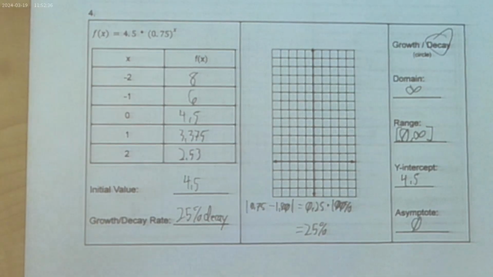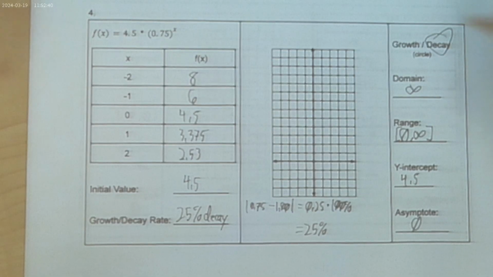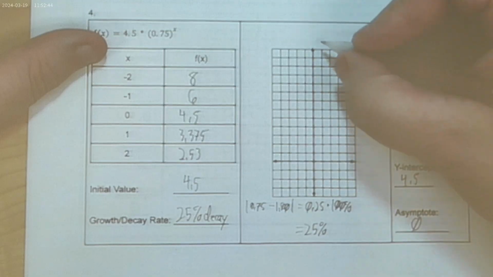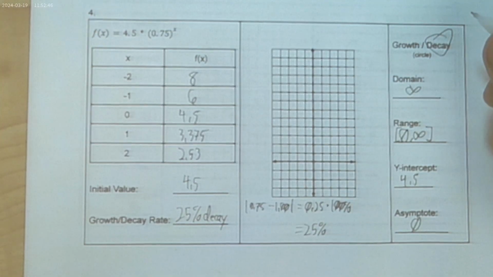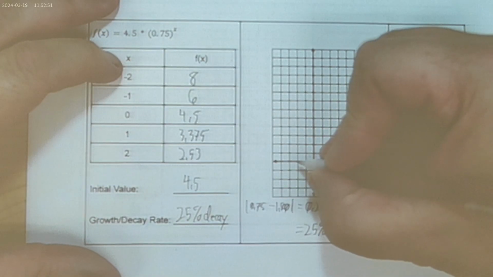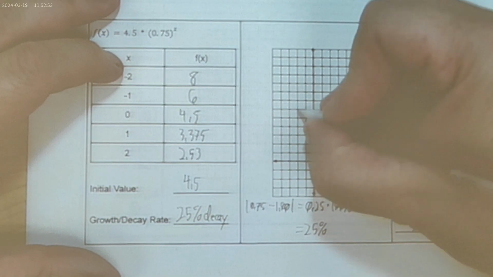I think what I'm going to do with this one is let each vertical space represent 1. I'm going to let this y equal 0 and this x equal 0. So now all I'm going to do is plot it. At -2, I've got 8. So 1, 2, 3, 4, 5, 6, 7, 8.